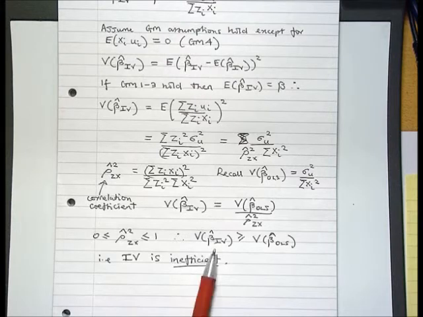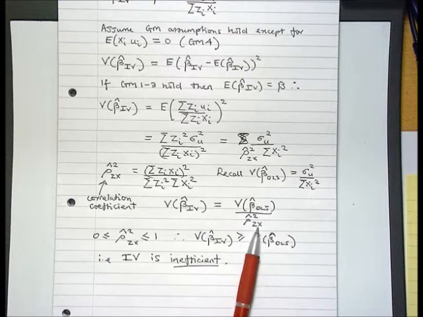If rho hat squared is very small, so there's very little correlation, then this variance is going to be much greater than this variance. If rho hat squared is close to 1, so there's very good correlation between z and x, then it may not make much difference. So the variance may not be that much greater, but it will still be a little bit greater, provided it's not exactly equal to 1.